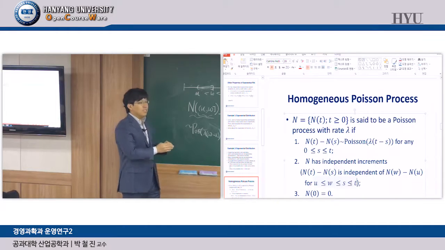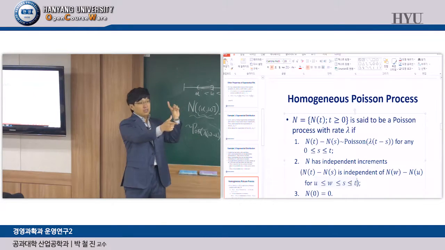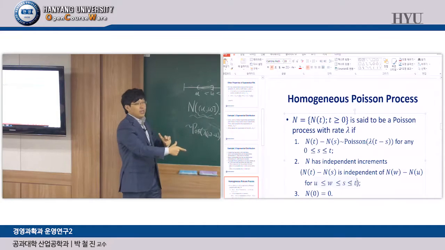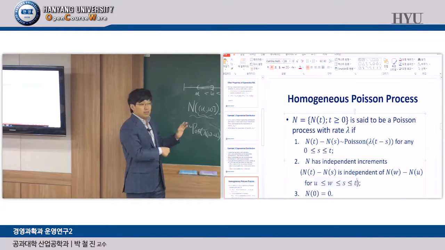If we consider different time ranges with no common area between the two, we can consider the corresponding large N. Then these large N's are Poisson random variables, and they are independent. So later we can use it in the example to calculate probability. To calculate probability, sometimes it is very useful to use such conditions.